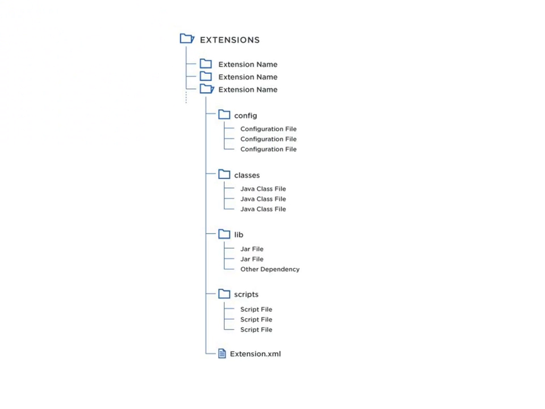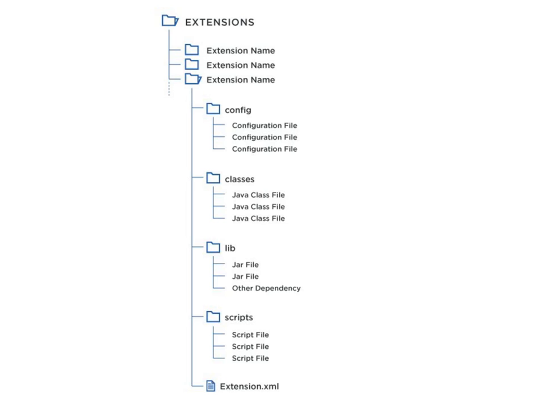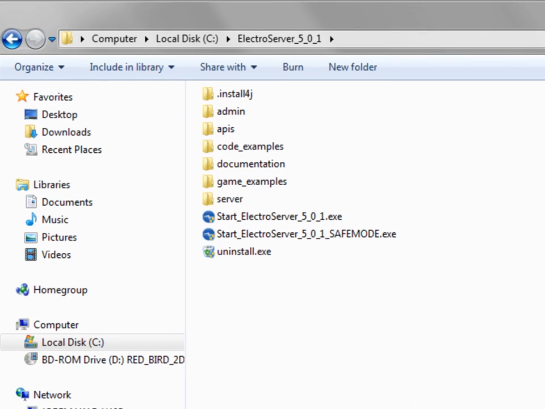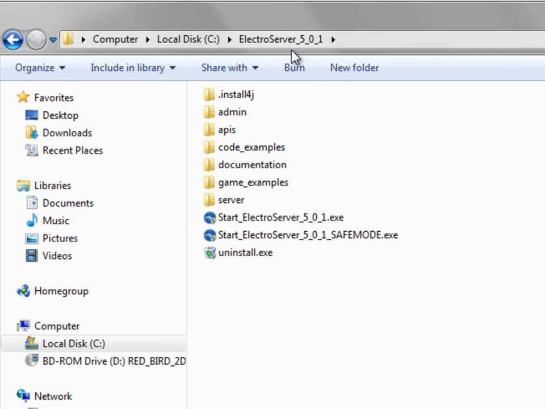So now let's look at the directory structure of extensions. There's a root folder here called extensions, and let me show you what this refers to. I am in the installation directory of ElectroServer. I've got ElectroServer 5.0.1 installed.